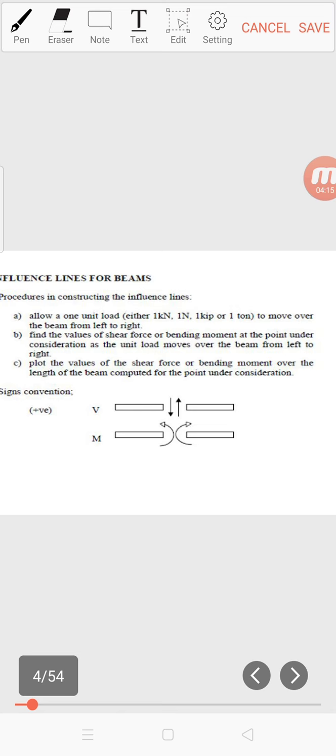Why do we choose a certain point? We choose it based on the anticipation that that point will carry the most critical load.